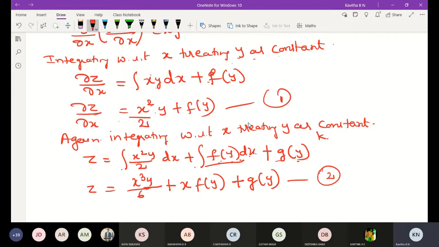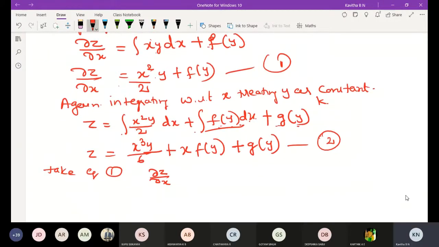Then take equation 1, del z by del x is equal to x square y by 2 plus f of y. Okay, here use the condition. Condition is what? Del z by del x is equal to log of 1 plus y when x is equal to 1.